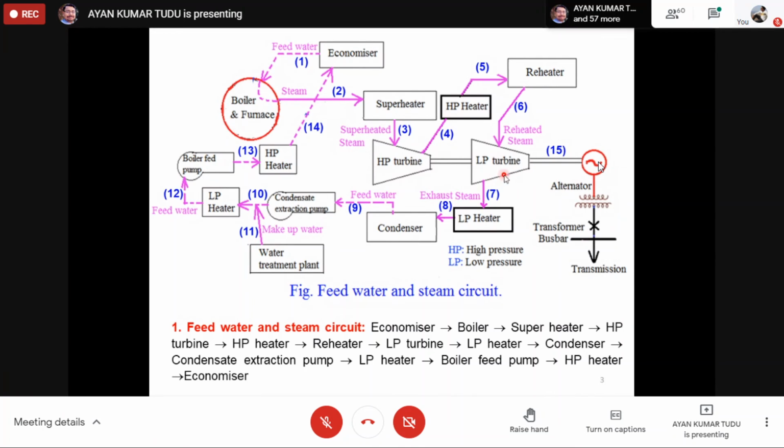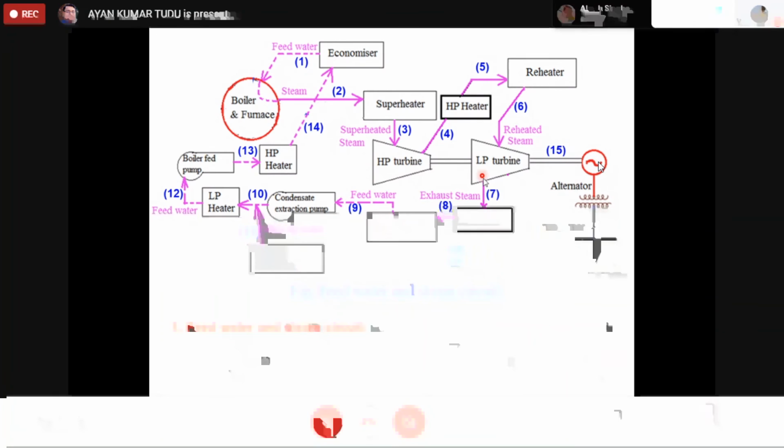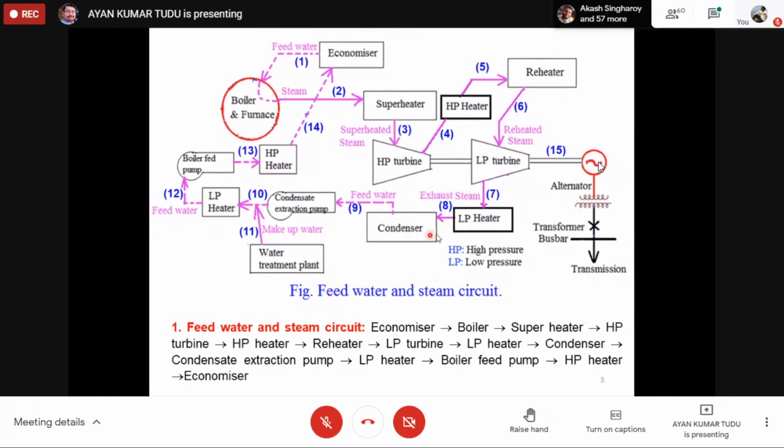So what is happening? It is delivering kinetic energy to the prime mover, that is the turbine here. And from this exhaust steam, it is going from the LP heater to our condenser.